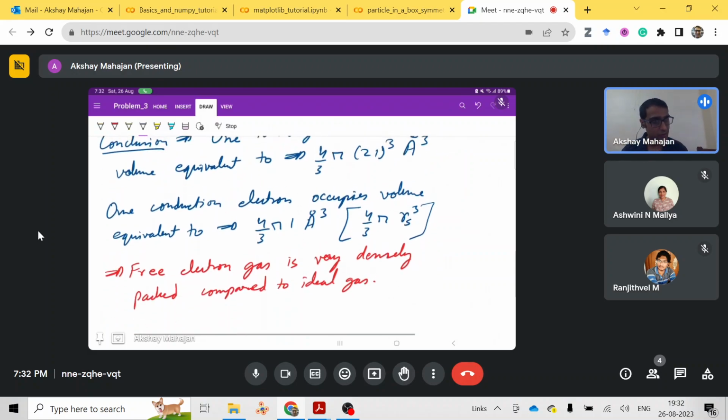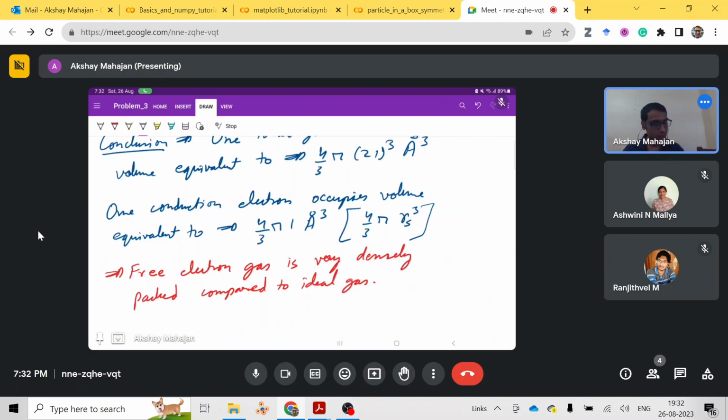From this we can make a final conclusion that the free electron gas is very densely packed compared to the ideal gas.